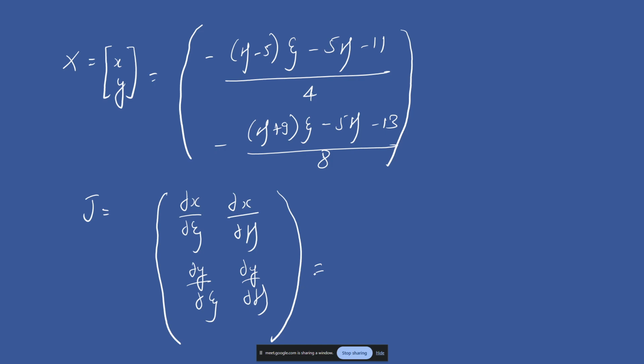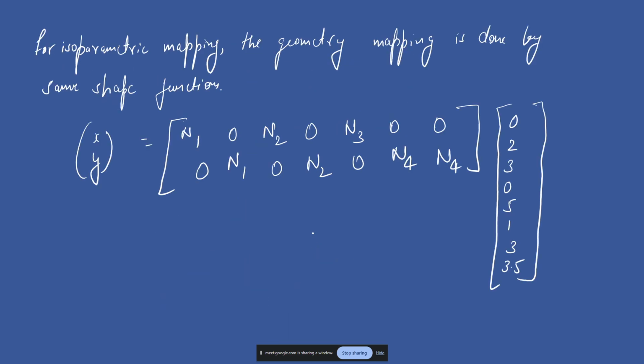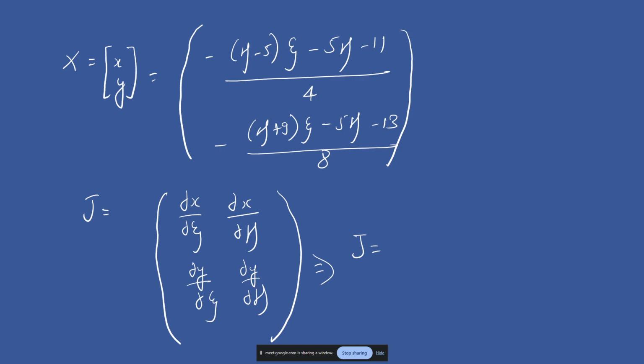Here this is your x and this is your y. You take the partial derivative of each coordinate x and y in terms of xi and eta, and then you can calculate the Jacobian.